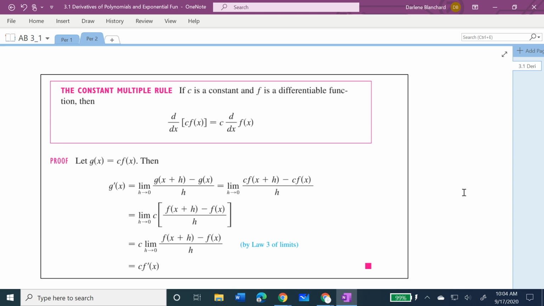Now, here's another thing I want you to think about. If you have the graph of a function and you add a number or subtract a number to the function, how does that transform the graph? Does that change the slope at the x values? Does not change it.